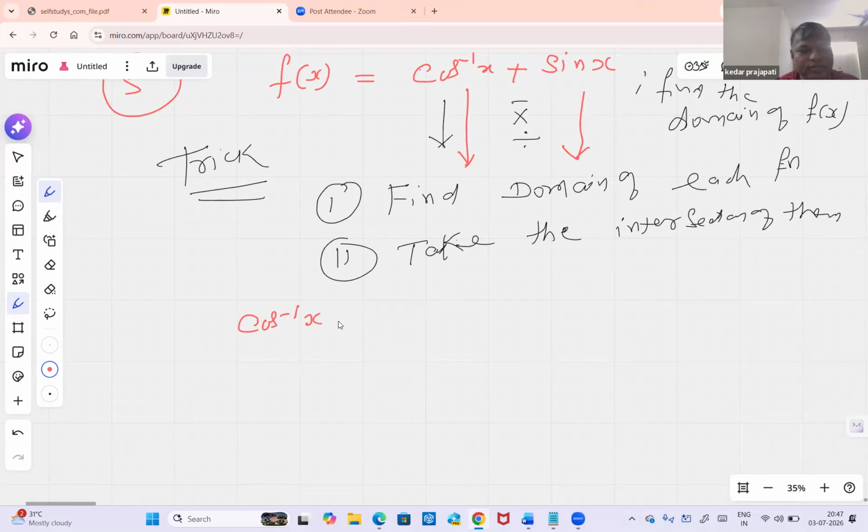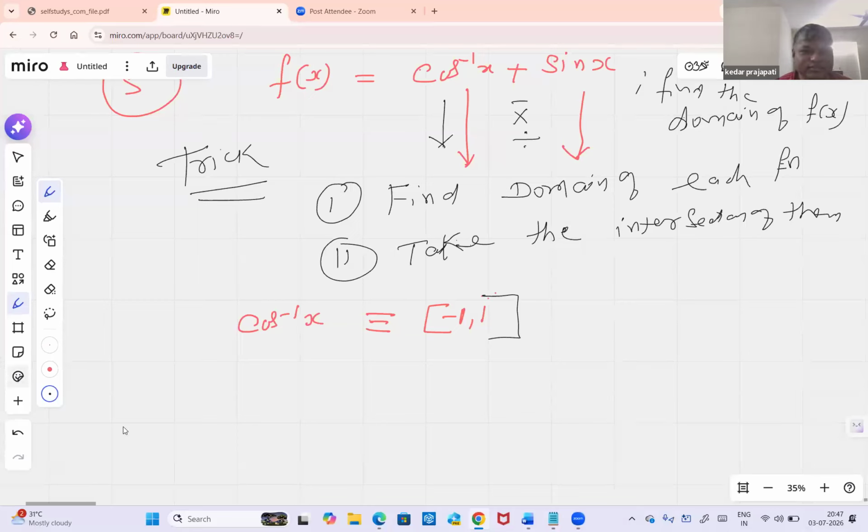Cos inverse x domain is, tell, -1 to 1, close interval, -1 to 1. Right? Close interval.